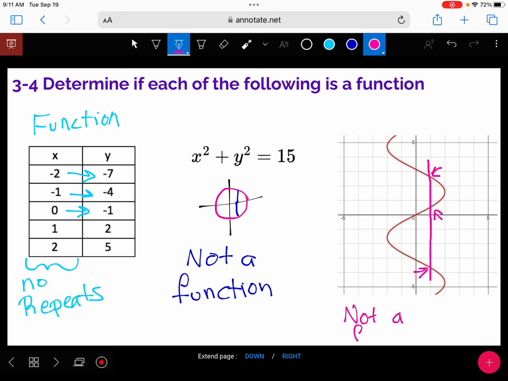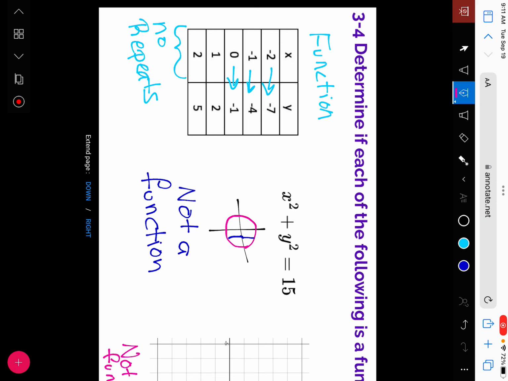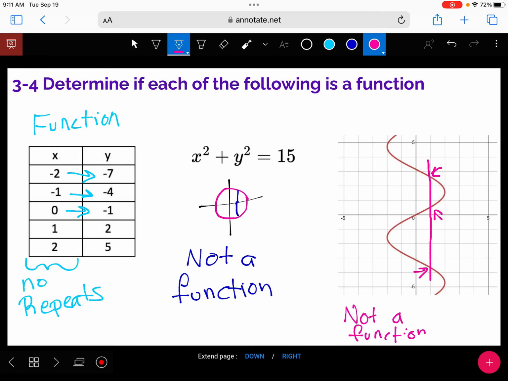Not a function. If it was sideways, it would work, but it's not. That looks like sine of y, if we really care. Okay, we're looking for, do the x's repeat?